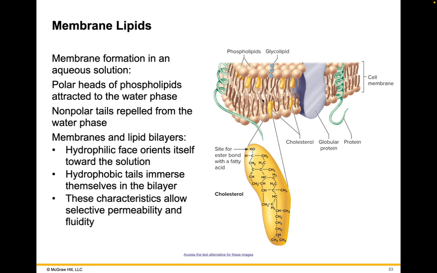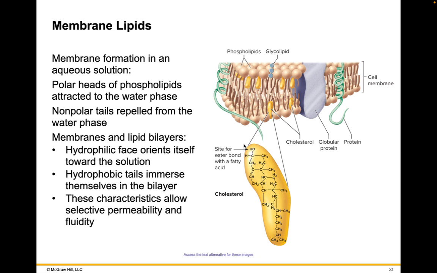So the hydrophilic face of the membrane, this edge, orients itself towards the solution, where the hydrophobic tails make up the bulk inside of the bilayer. And this has a whole lot of purposes in biology. This allows this membrane to be selectively or semi-permeable and remain fluid.